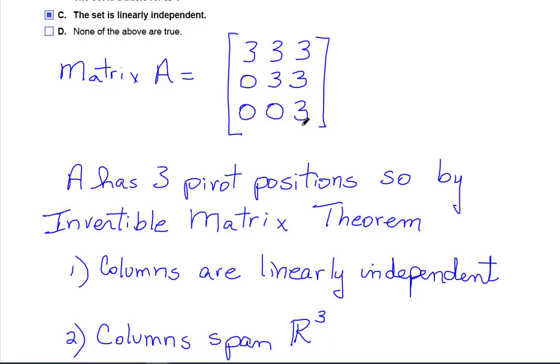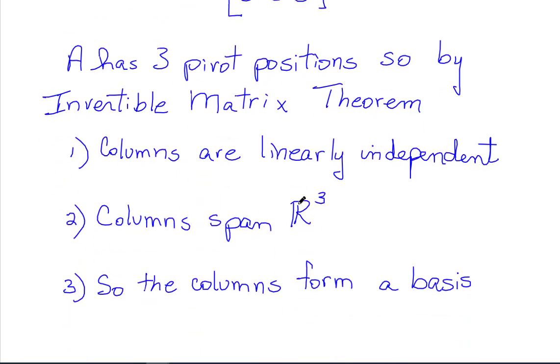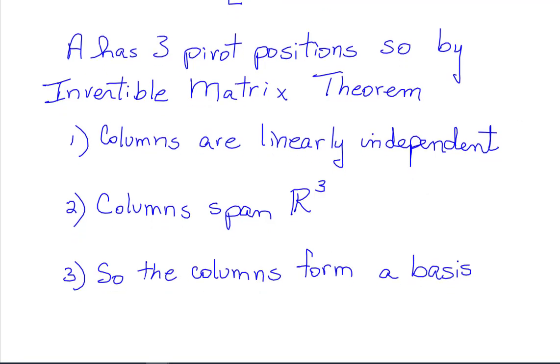And so by the invertible matrix theorem, the columns are linearly independent. So those three vectors are linearly independent. They span all of R3, and therefore the columns will form a basis. So fairly straightforward.